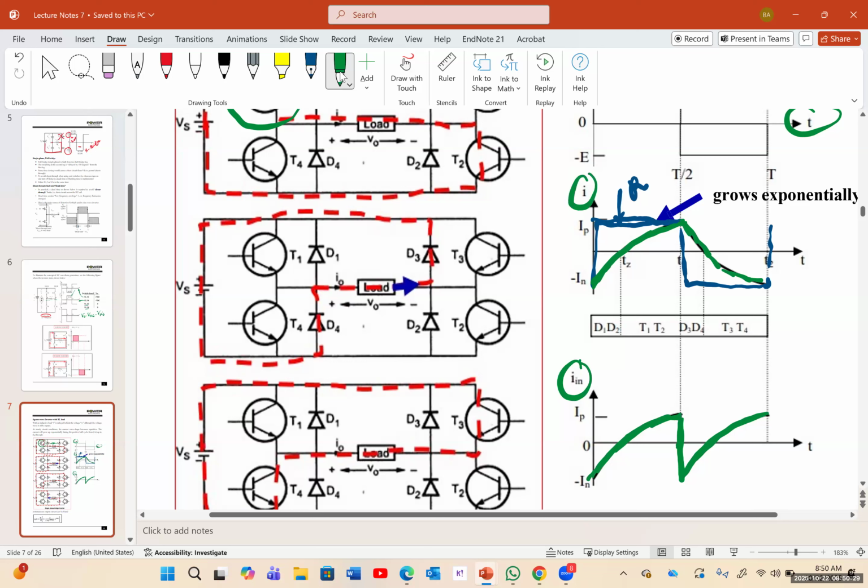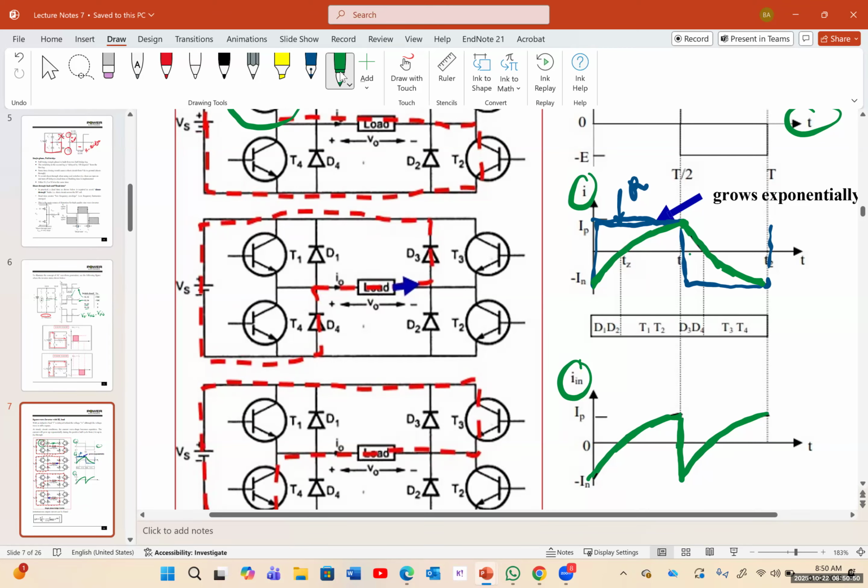This is I out. So you can see the I out is not directly going back to 0. And the reason for this is that our load is storing the current and it's slowly releasing it. But the source doesn't have that capability.